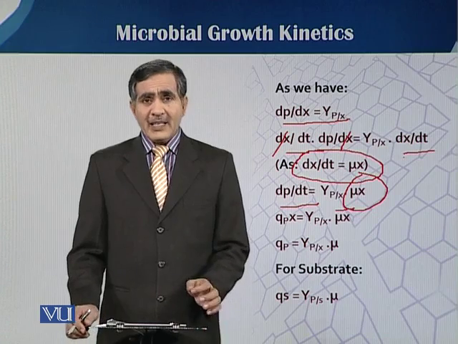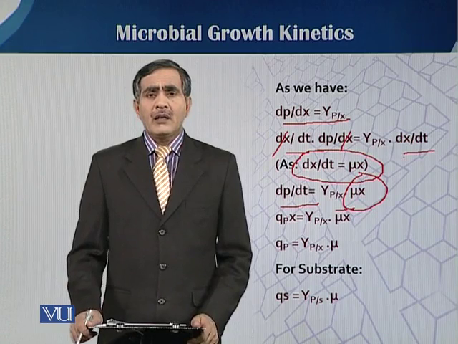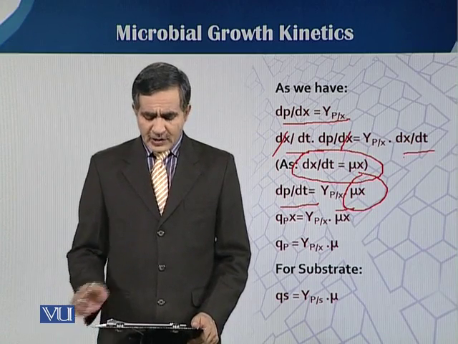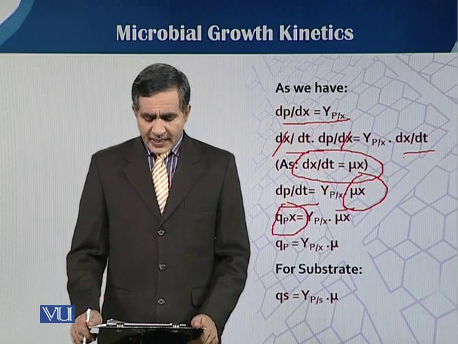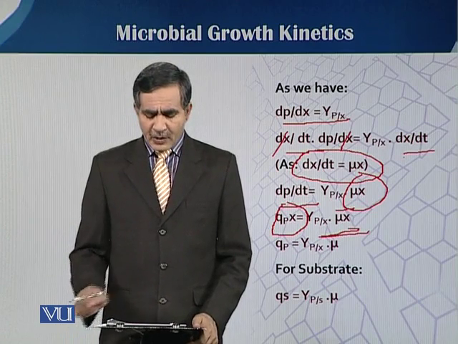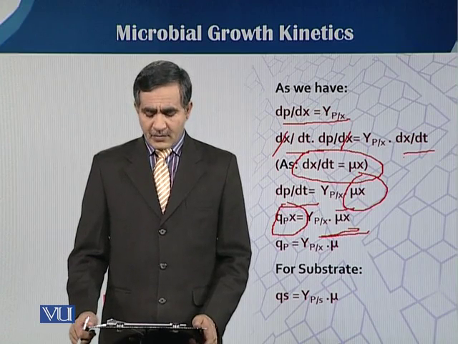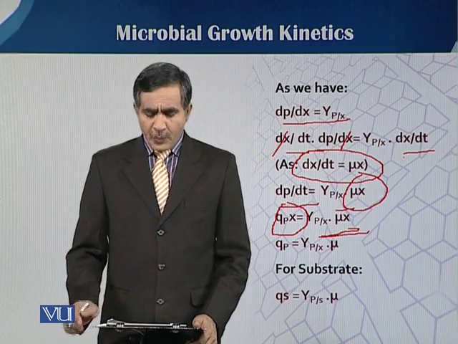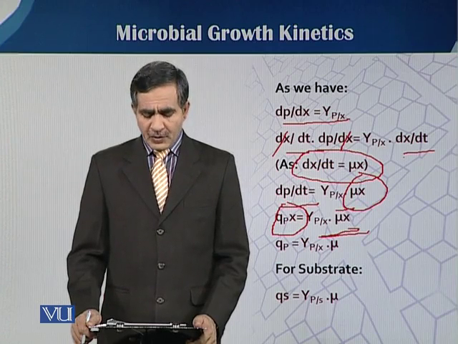The change in product concentration with dt, as we saw in a previous slide, is dP over dt equal to qp, the product quotient with respect to x. This can be understood as being equal to Y, the yield factor, and mu x. So qp is equal to Yp over x dot mu.